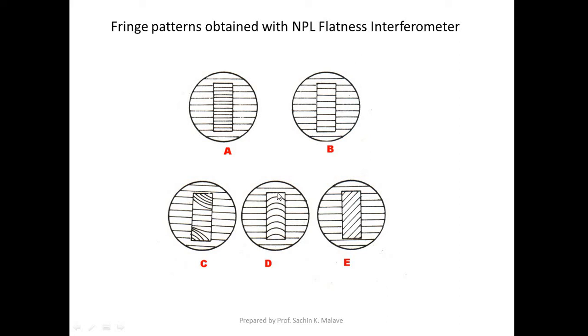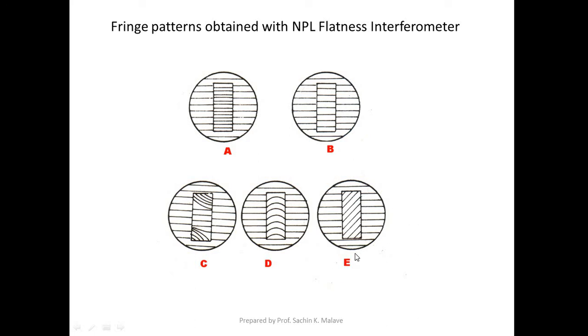All the lines are curved, so it means it is either a convex surface or a concave surface. How to find out whether it is convex or concave? A finger test is carried out, which we are going to see when we perform the experiment.